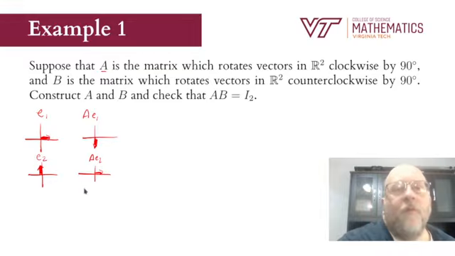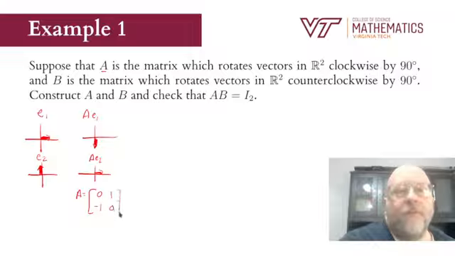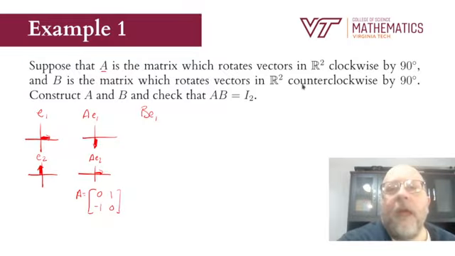And so the transformed versions of E1 and E2 should be: 1 unit down is 0, negative 1. 1 unit to the right is 1, 0. Counterclockwise, when we rotate E1 counterclockwise, it's now pointing upwards.